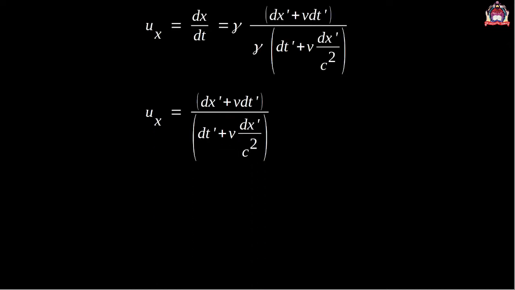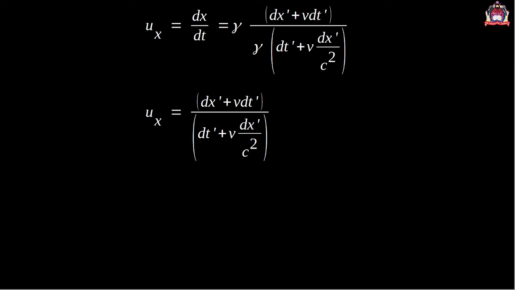Then for the component ux, we are moving along the x-axis, observing the velocity addition in terms of ux propagation. So ux is equal to dx by dt, which is gamma into dx dash plus v dt dash, whole divided by gamma into dt dash plus v dx dash by c square.